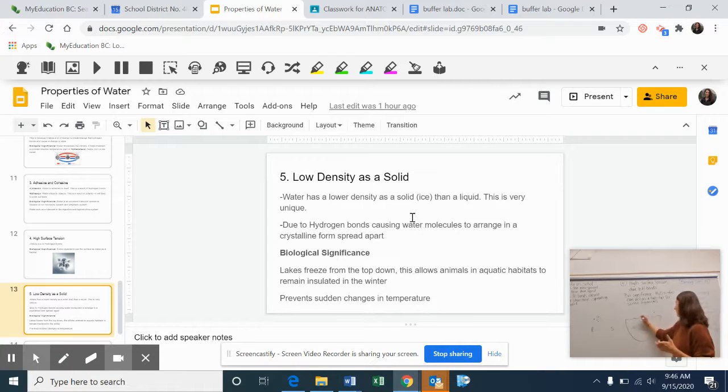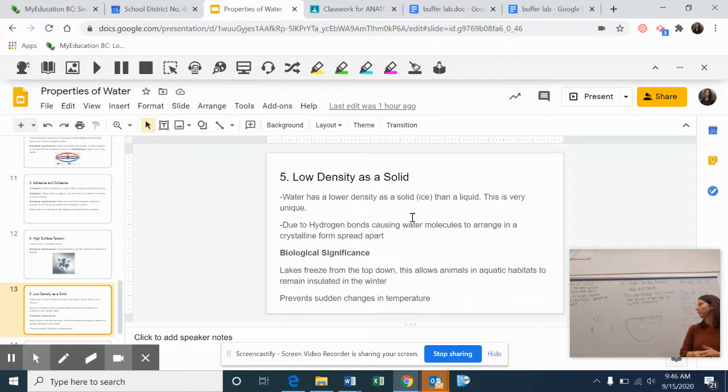But in water, you get it freezing from the top down because that ice actually floats on the liquid water. So as the winter goes on and more freezes, this might move down, but your liquid is always going to be at the bottom, and this is actually going to insulate that water at the bottom.